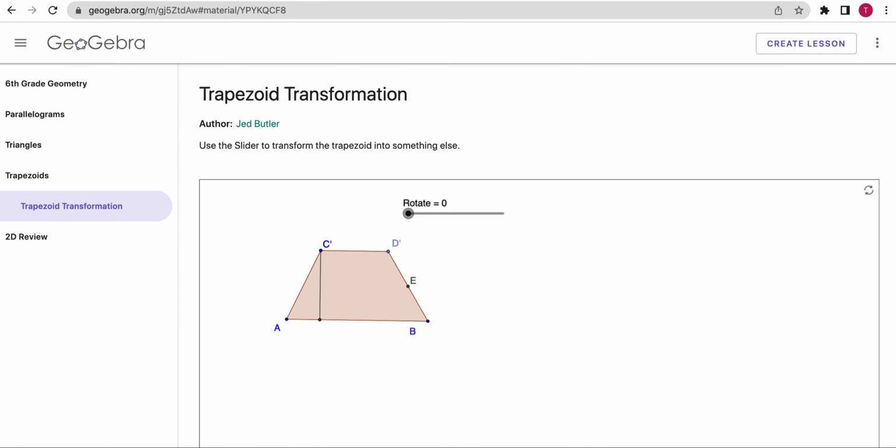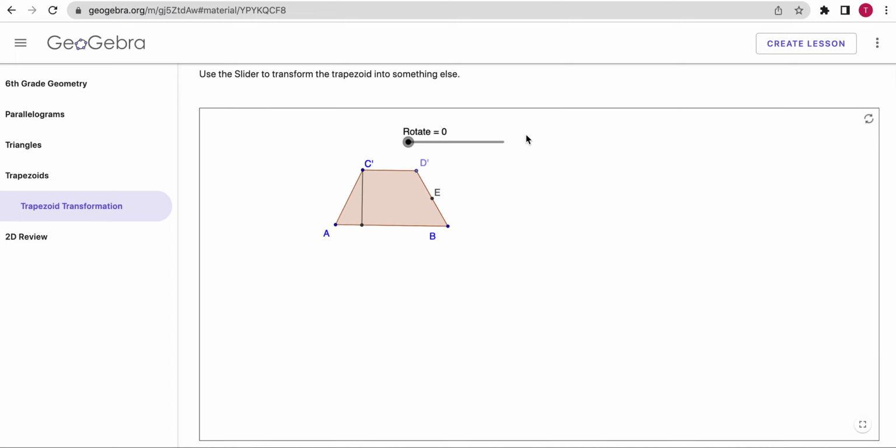With this manipulative, we have pretty simple instructions, and it just says use the slider to transform the trapezoid into something else. So we can make it whatever we want, and it's really nice because every single point on this shape is movable, so all the sides you can move.